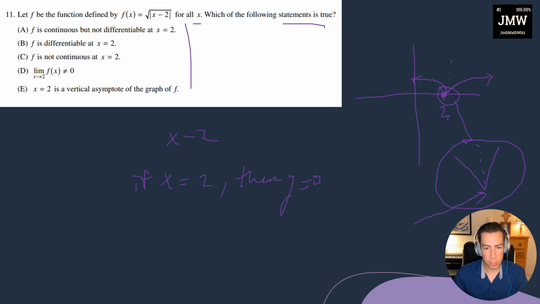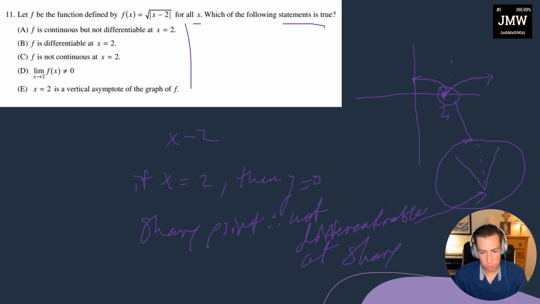So we know that if I have a sharp point, therefore not differentiable at the sharp point. All right, so it's not differentiable. So anything that says it's differentiable is out.